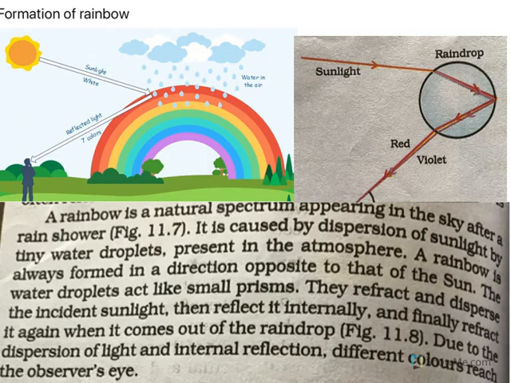Here we learn the formation of the rainbow. Now the formation of the rainbow is because of dispersion of light, the splitting of light into different colors. And the dispersion is carried out by these raindrops which are in the sky.